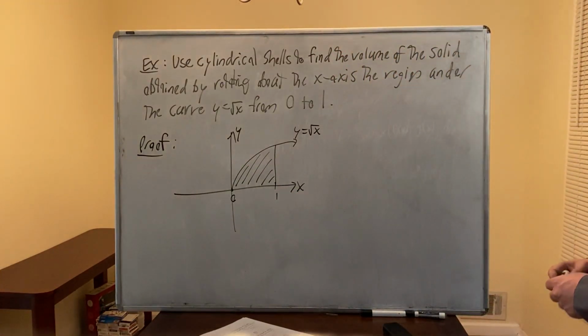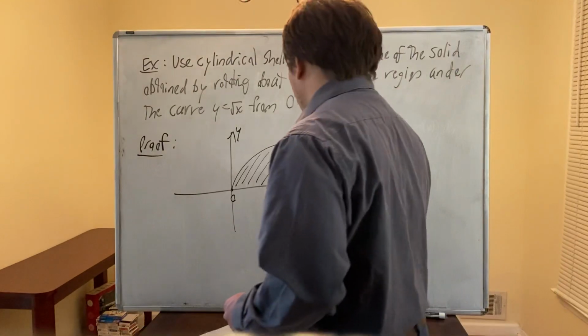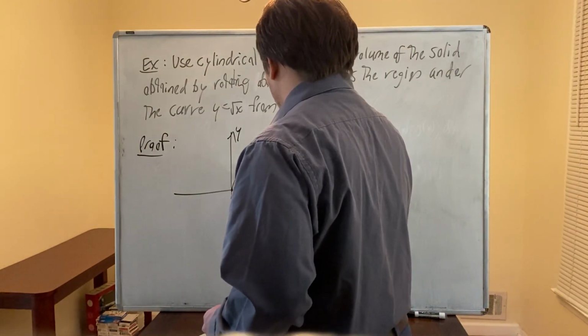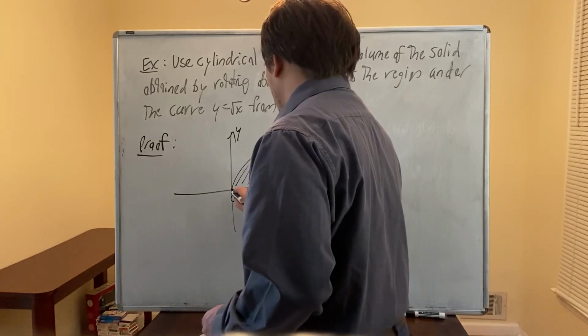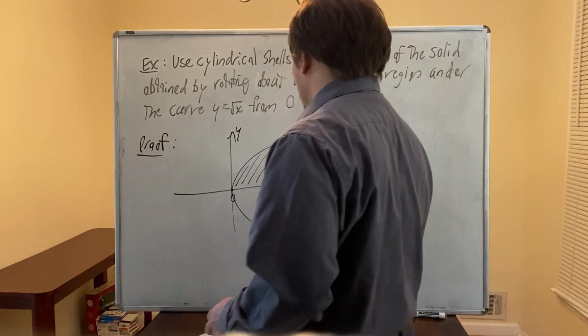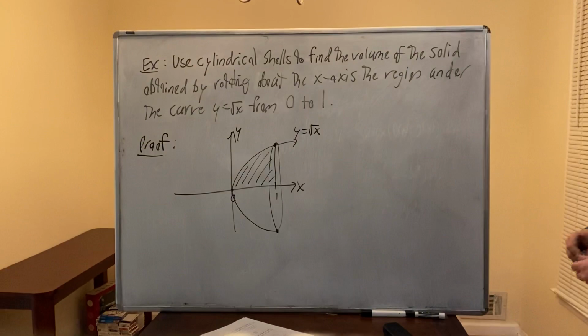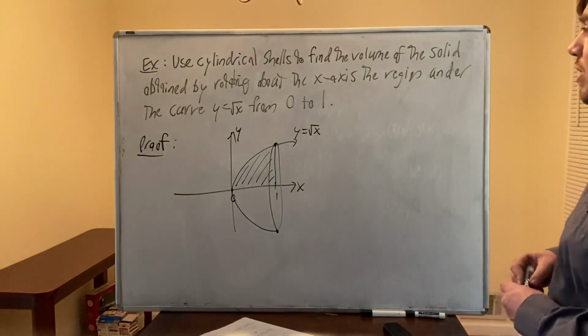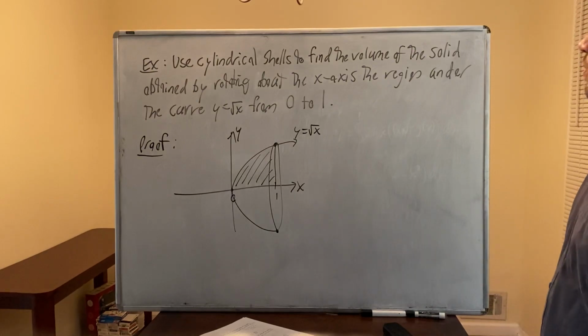I'm going to rotate that about the x-axis. Okay, so I'm going to take this point and rotate it about the x-axis. And so we'll see, we get that, see the mirror image. And so you have a picture of the three-dimensional object, the rotation of that shaded region about the x-axis. Okay, so we want to find the volume of it.